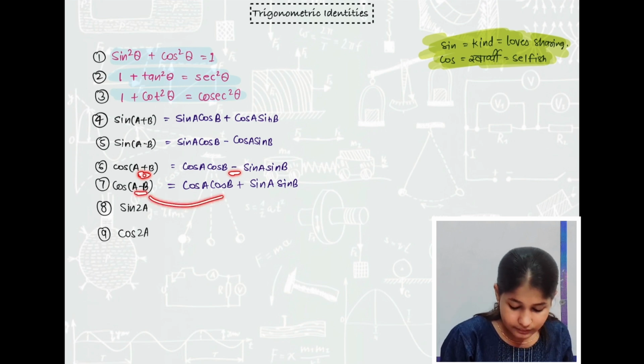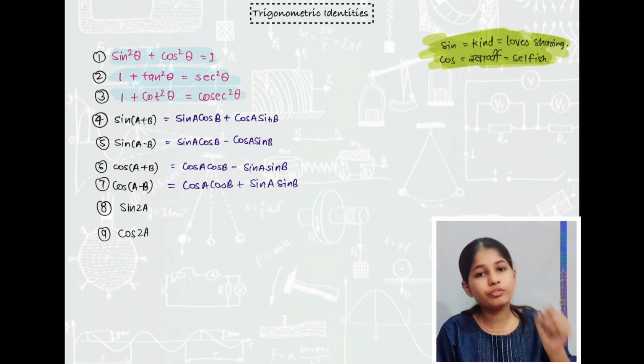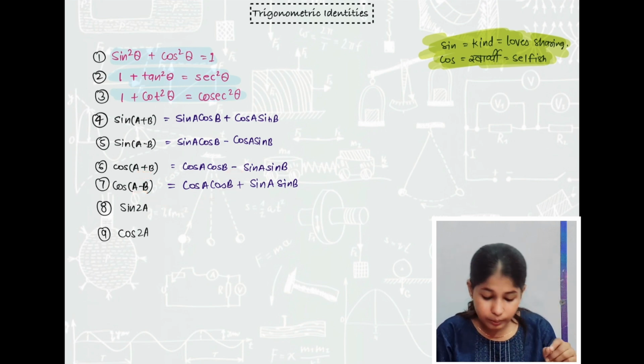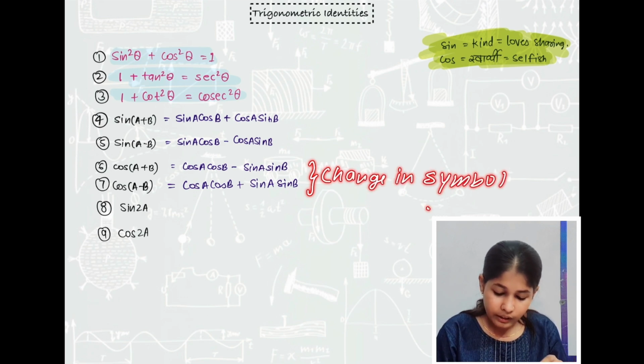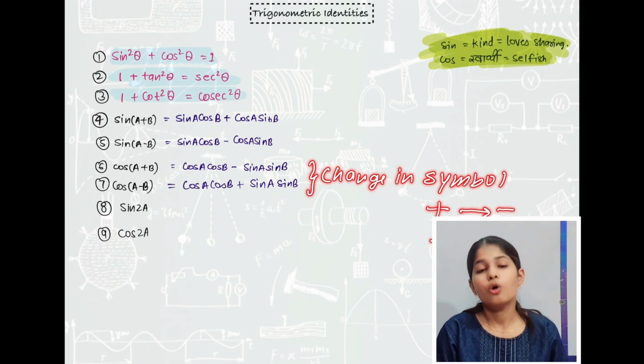It is minus and it has become positive. Means in cos there will be a change in symbol: the positive will convert into negative and the negative will convert into positive.